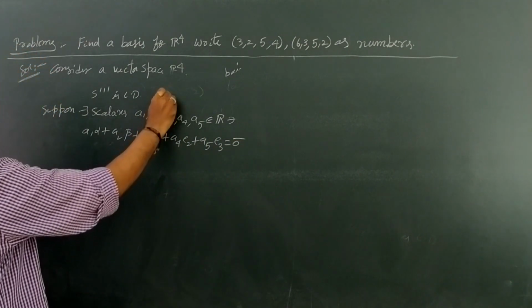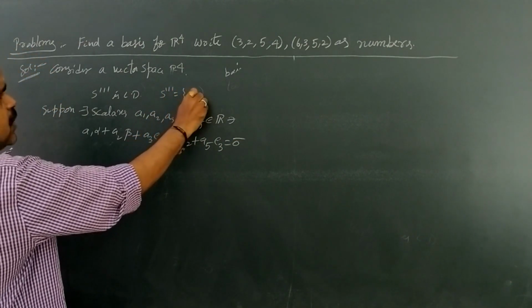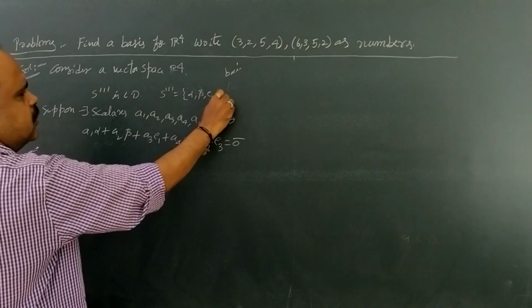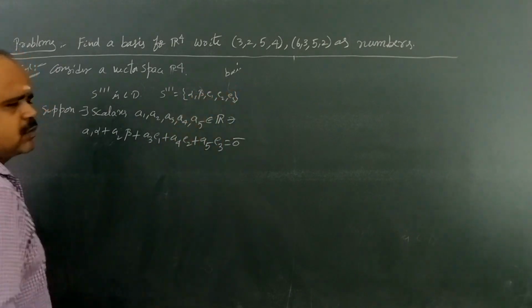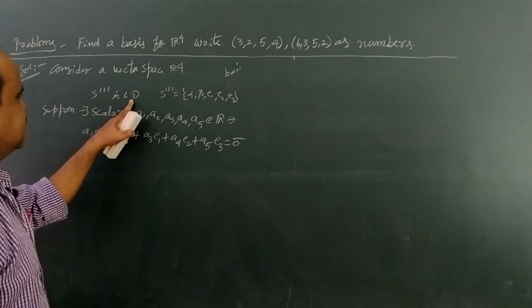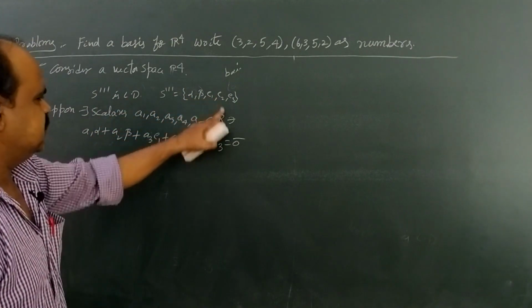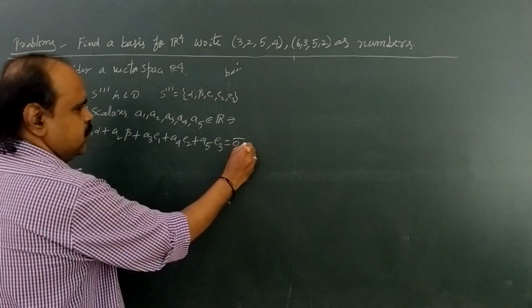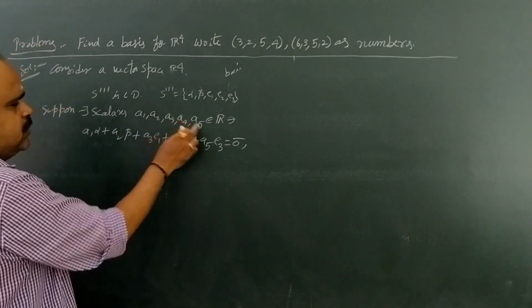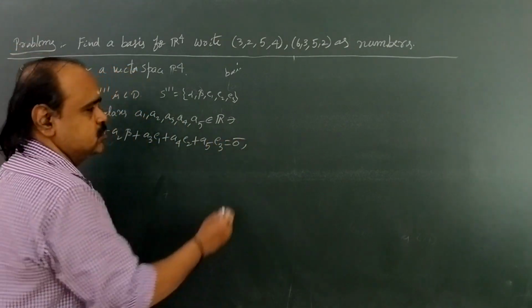Why? Because what is the set S triple dash? Alpha, beta, E1, E2, E3. Since here S triple dash is LD, the linear combination of these vectors are 0, but a1, a2, a3, a4, a5 are not zeros.